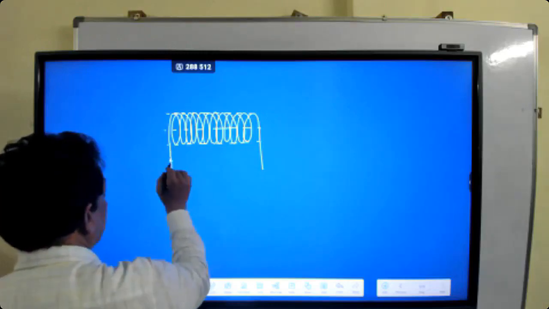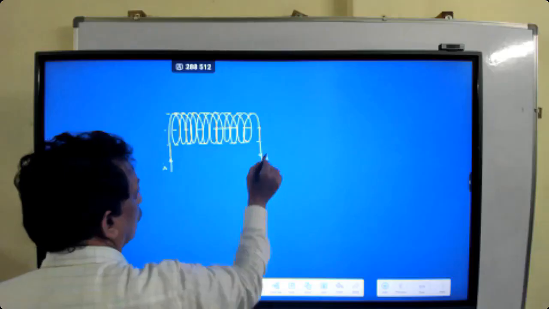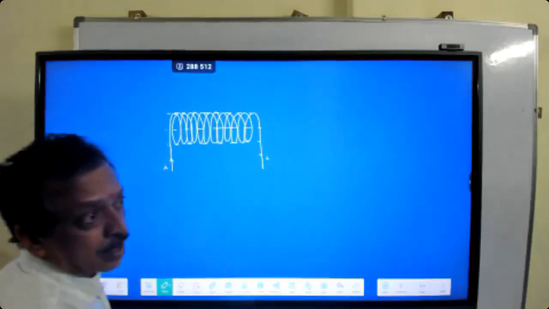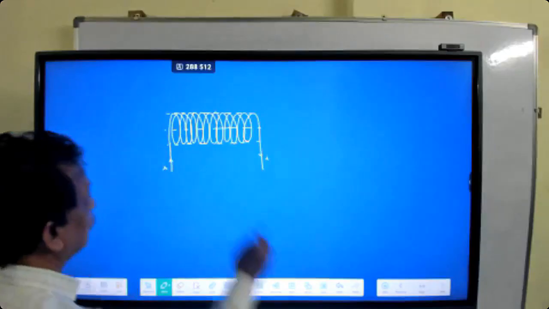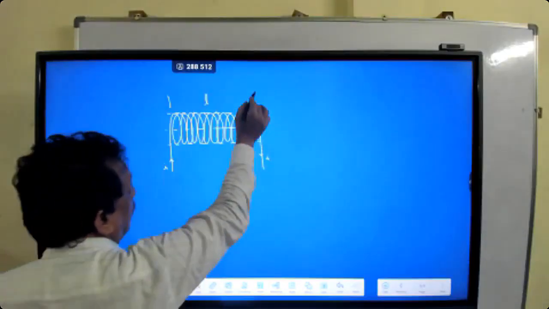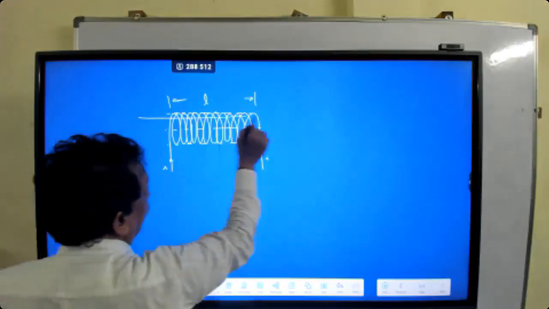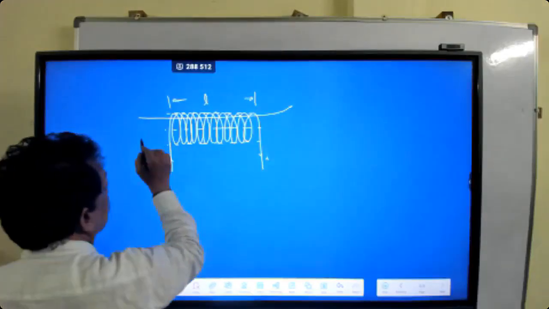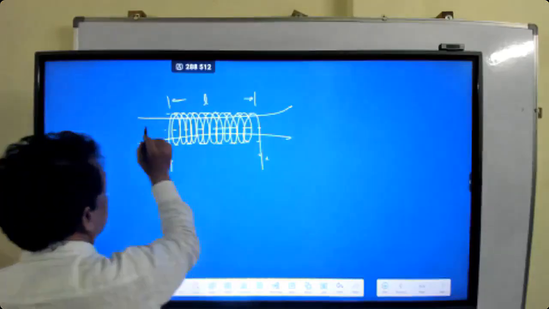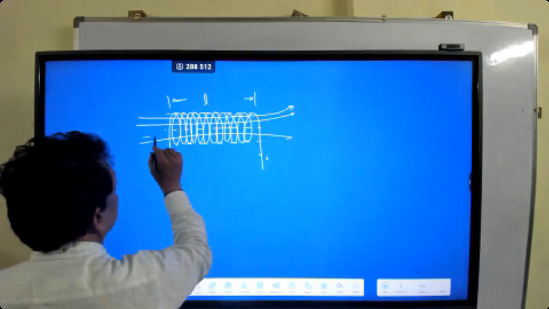Now current I is going through it. When current I is going, the magnetic field is along the length of the solenoid. Inside, the field lines are parallel.